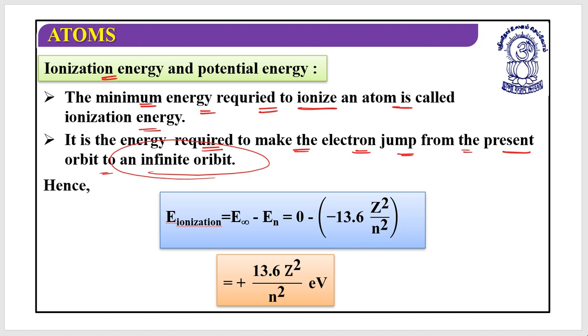As you understand, at infinity the energy is zero, so it would be E infinity minus E at that orbit. This is equal to 0 minus 13.6 Z square by n square. So E ionization could be given as plus 13.6 multiplied by Z square by n square. This is the ionization energy.